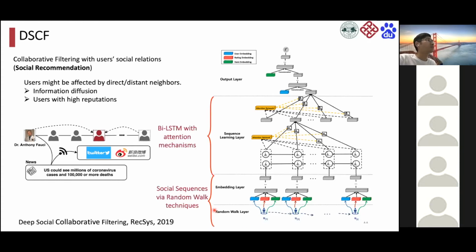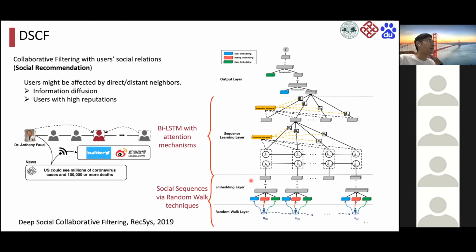In this model, they first generate social sequences via random walk techniques in the user's social network. And then they mainly employ the bidirectional long short-term memory network, the BiLSTM, with a hierarchical attention mechanism to capture the social information from the social sequences. Such a design has two advantages.